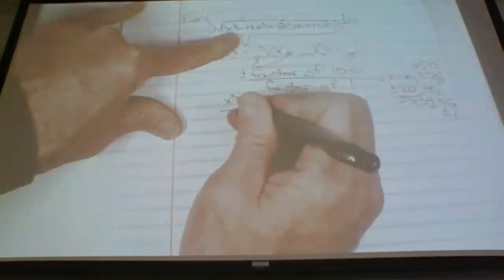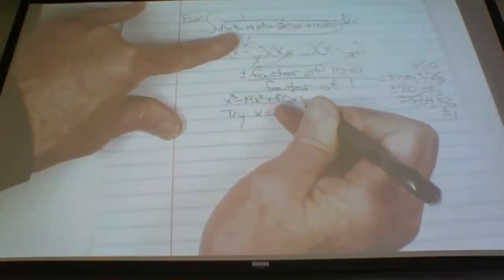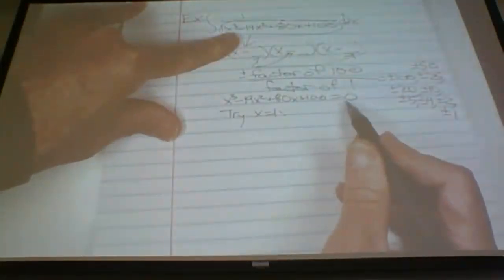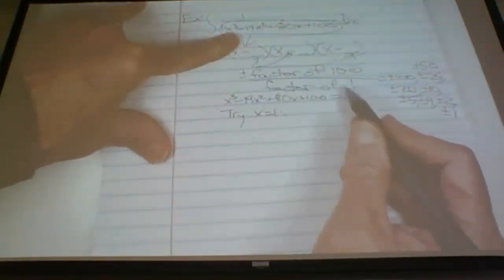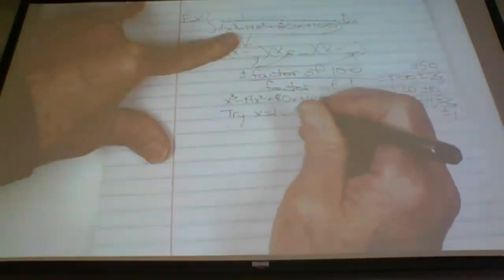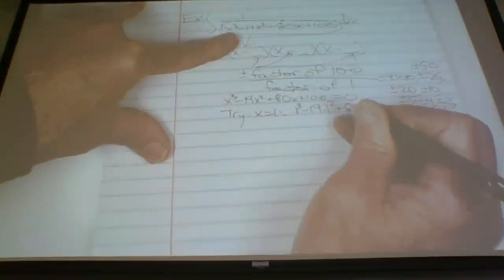Try x equals 1. Put it in here, and you get 1, and you put it in to see if what you want in these blanks is the solutions to x cubed minus 19x squared plus 80x plus 100 equals 0. The solutions to this equals 0, the zeros of the equation we call them, are what goes in the blanks.